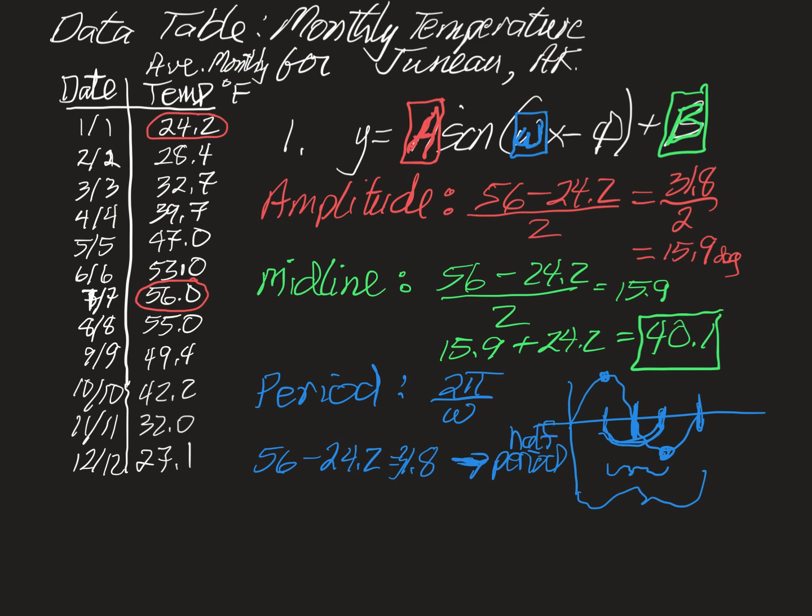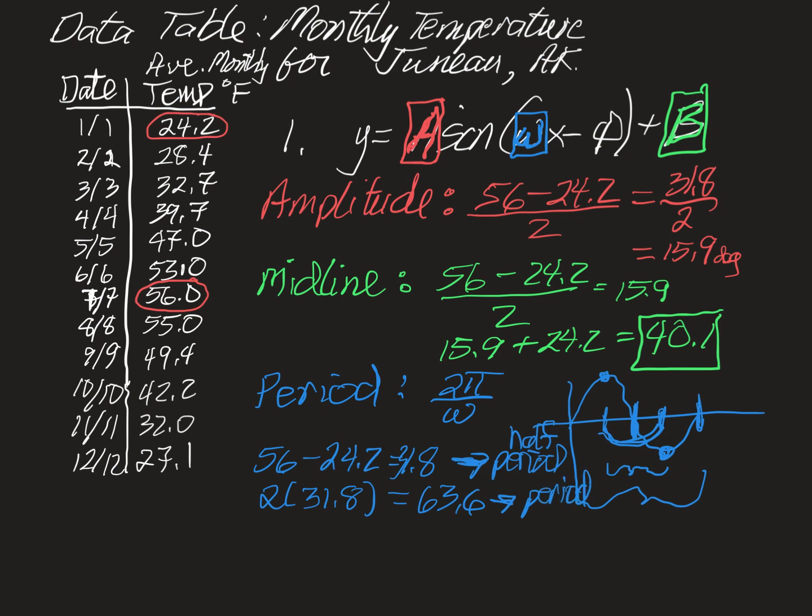So we need to double that. So we take 2 times that. Notice all we're doing is really subtracting, multiplying, and dividing using the data that we can see. So 2 times that is 63.6. And that is the period, okay?